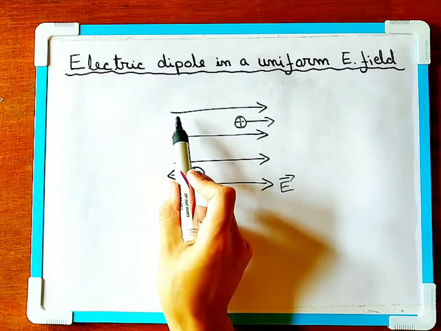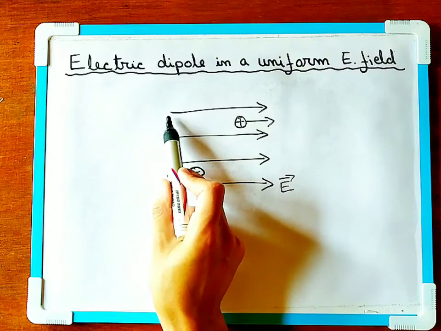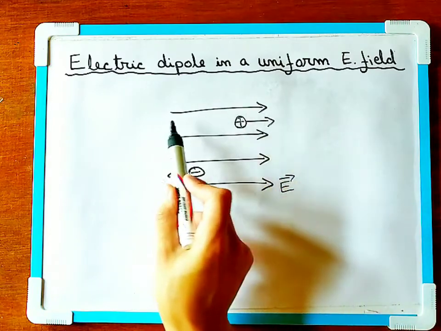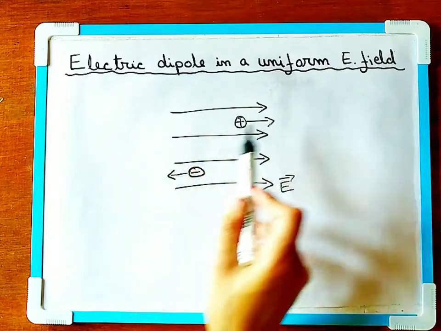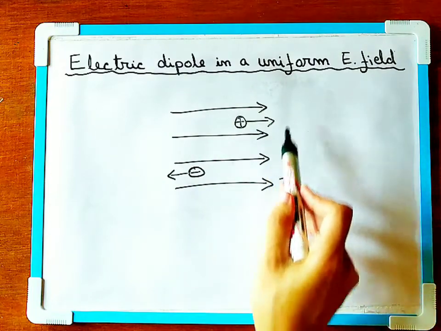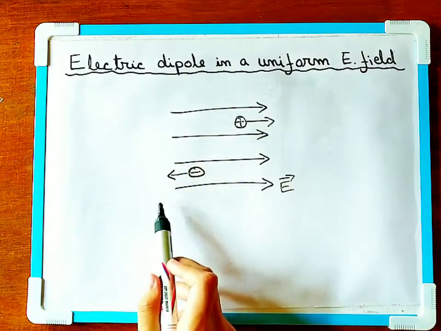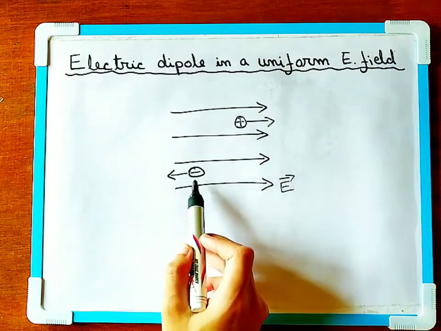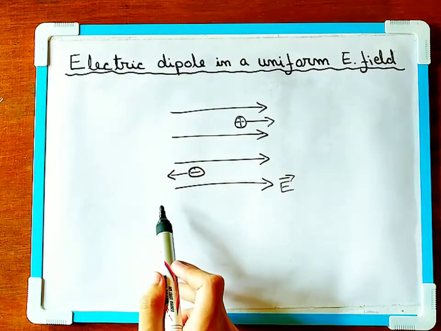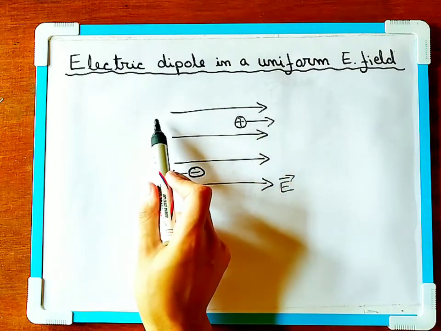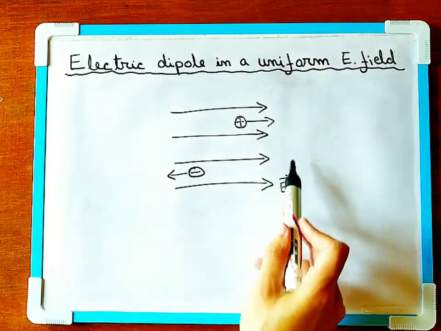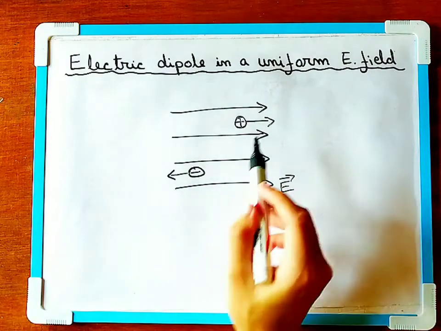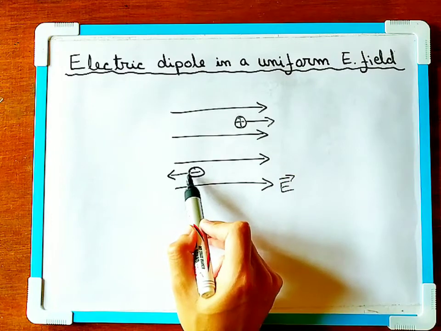So in this case, the field lines are directed from this point to this point, which means that here we have positive charges and here we have negative charges. That's why the positive will be attracted towards the negative charge and the negative towards the positive charge. So these two charges experience a force, this one in this direction and this one in this direction.